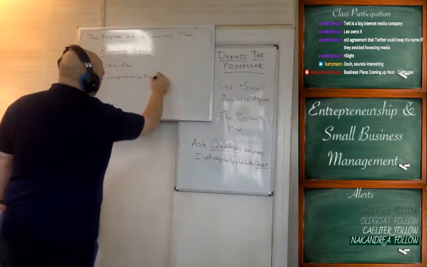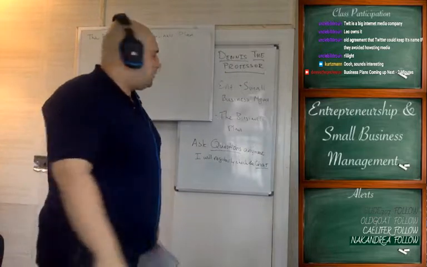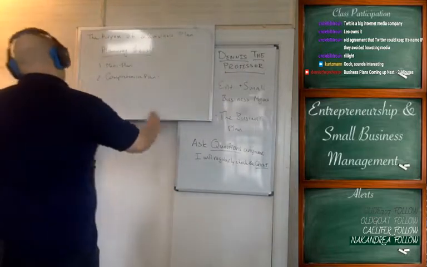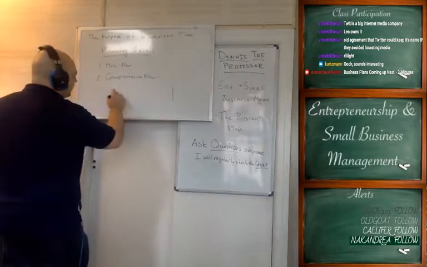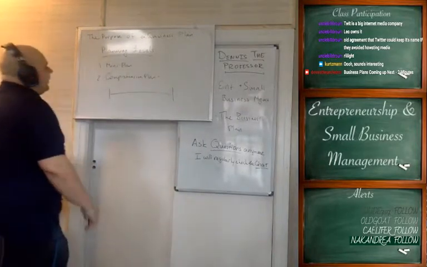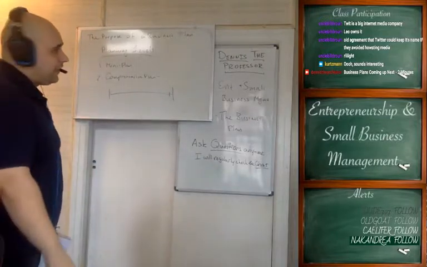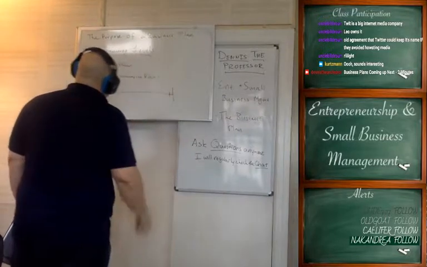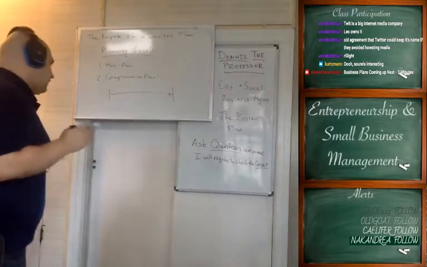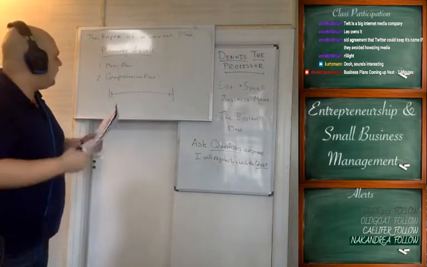The more new, the more complex, the more difficult to explain, the more convoluted your idea, the more important it is to edge towards a comprehensive plan. It's important to think about these things as existing on a spectrum. The most comprehensive plan is probably only necessary if you're building a company like SpaceX, or a car manufacturer, or something incredibly complex. If you're opening a pizza shop or dry cleaning or something like that, a mini plan is enough.